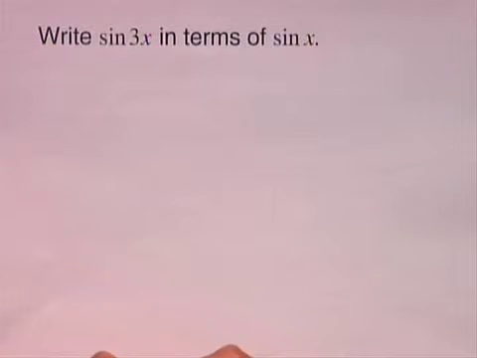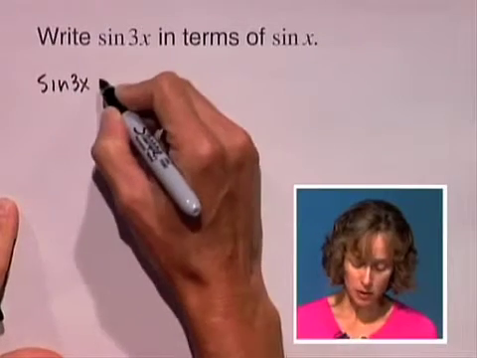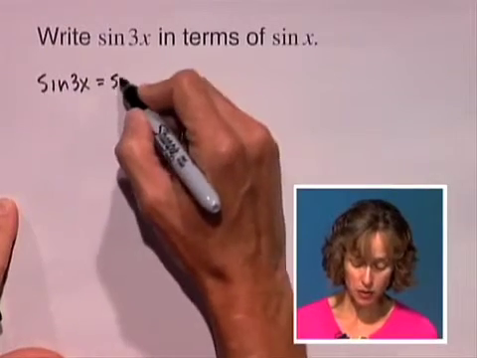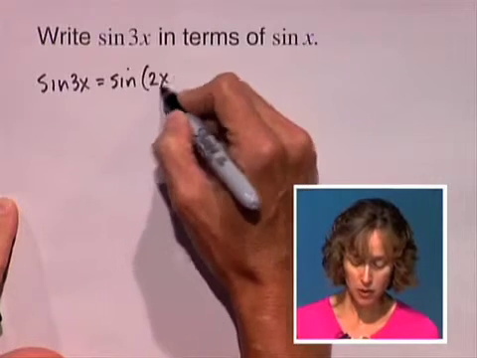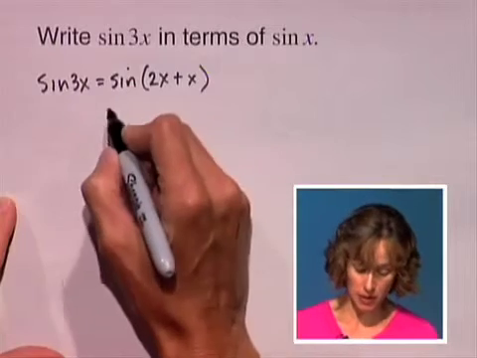Let's work with some identities. We want to write sine 3x in terms of sine x. So what we have is sine 3x, and I'm going to start by considering 3x to be 2x plus x and apply a sine sum identity.